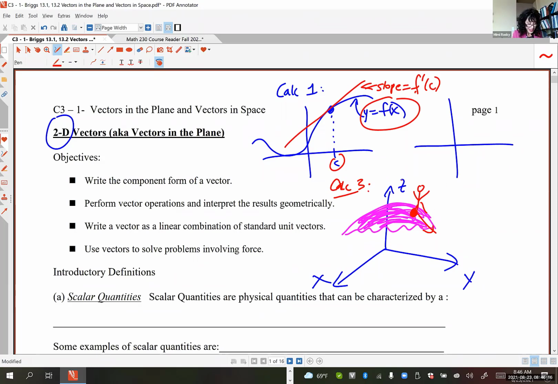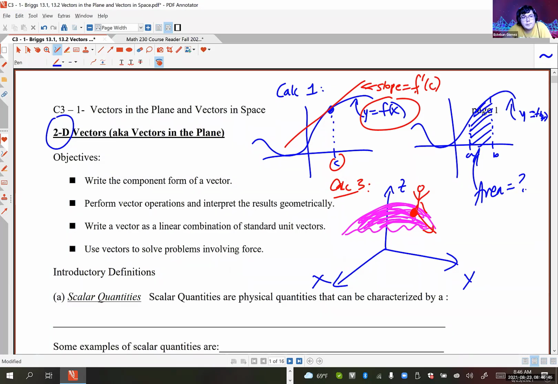Pretty cool, huh? The second thing that you learned in Calculus 1, just as a reminder, is, again, you'd have some graph of y equals f of x. And then do you guys remember that back in that day, when you took your Calc 1 class, they would ask you to find the area under the curve? Does anybody remember how you would find the area under that curve?